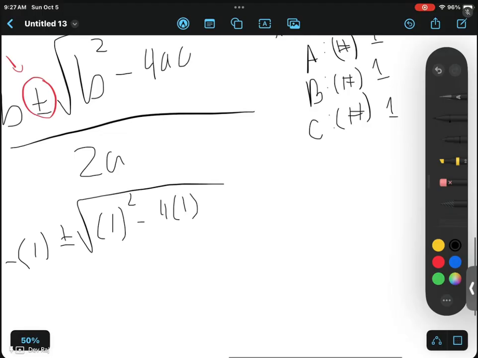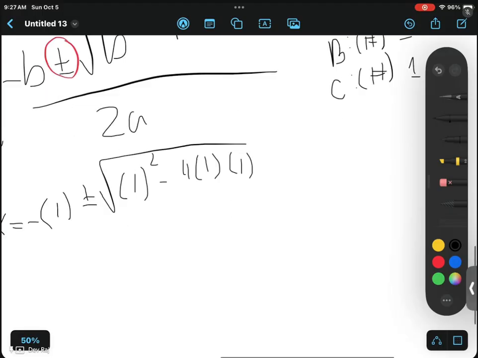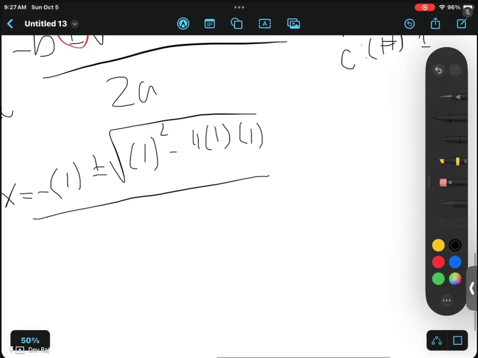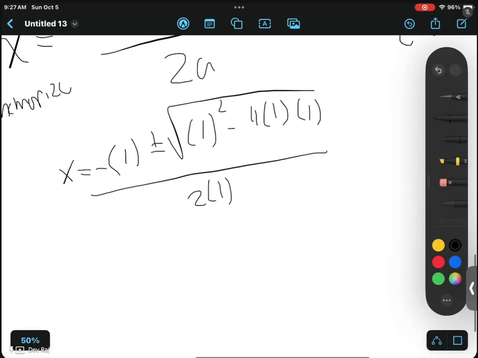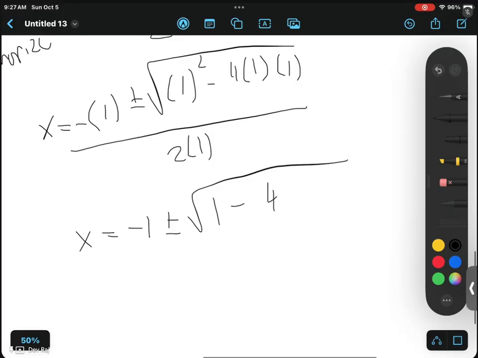We said 1. C value, we said 1. Then you could put that all over 2 times a, which is 1. So then x just becomes -1 plus minus the square root of 1 squared, which is just 1, minus 4 times 1 times 1, which is just 4, and then this all over 2, because 2 times 1 is just 2.